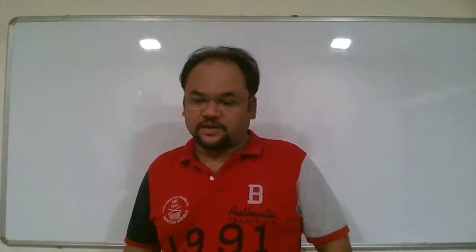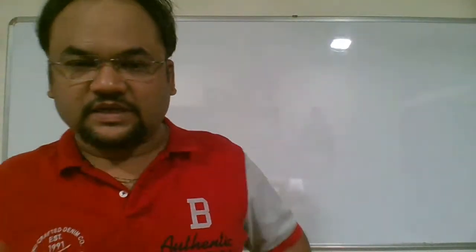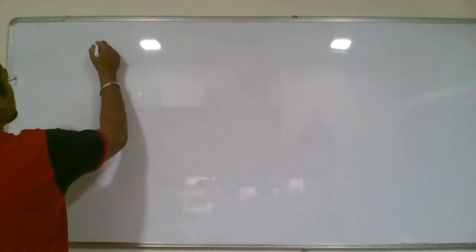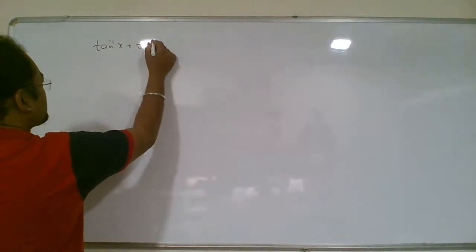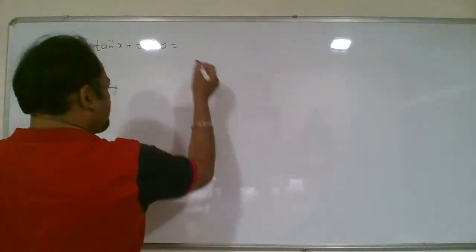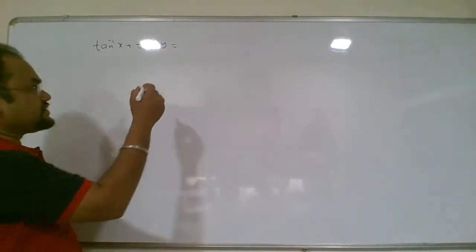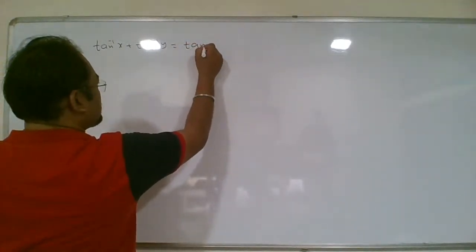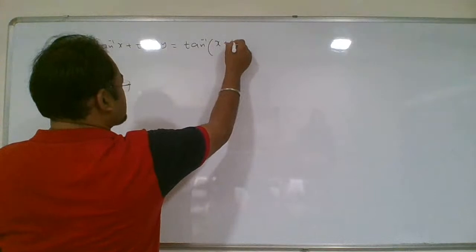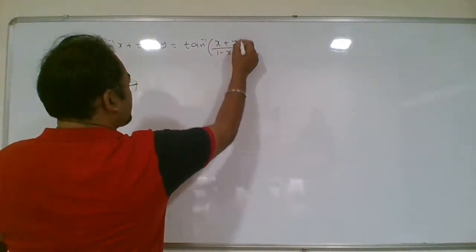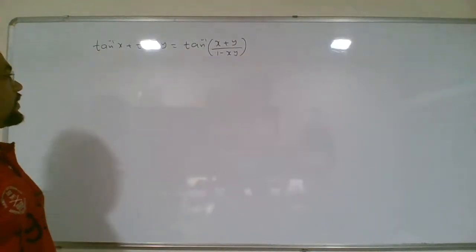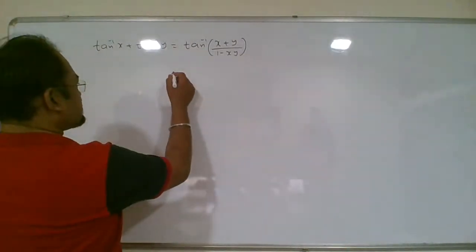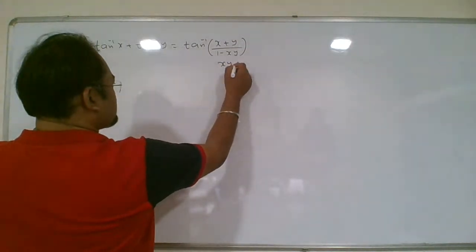Okay. Last time we have seen tan inverse x plus tan inverse y based sums. The revision of last time's formula: tan inverse x plus tan inverse y equals tan inverse of x plus y upon 1 minus xy, and there is a condition that xy is less than 1.